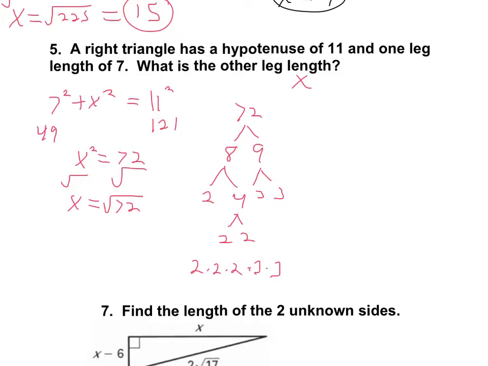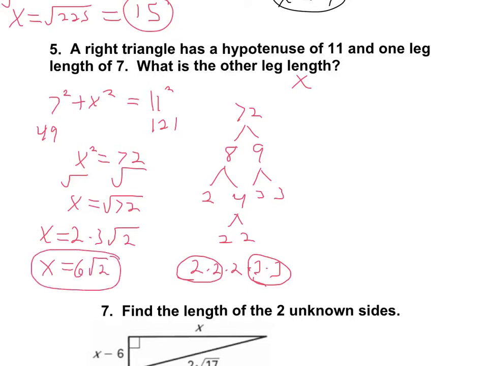That's the prime factorization. So remember the rule. Every pair of the same number makes a number outside the radical. So square root 72 is going to equal 2 times 3, and then what's left over is square root 2. So 6 square root 2 is the answer.